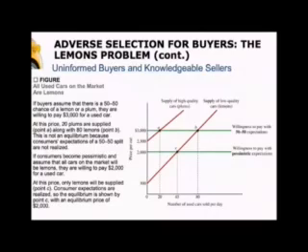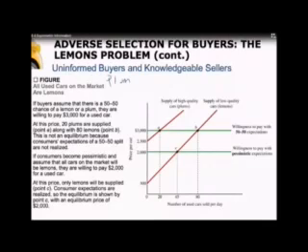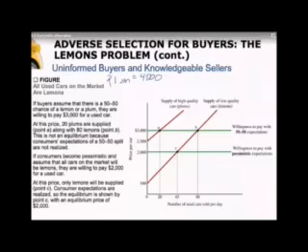You'd be willing to pay less if you knew it was a bad used car. So suppose the price that consumers are willing to pay for a plum is $4,000, and the price that consumers are willing to pay for a lemon is only $2,000. That's what it's worth to the buyers.